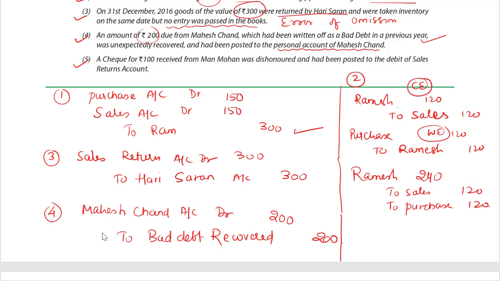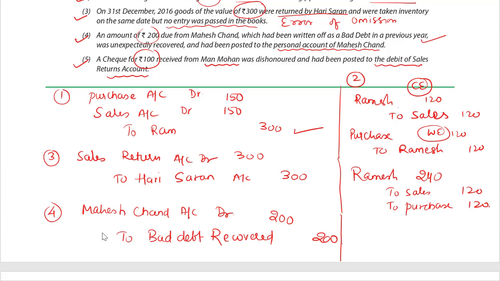A check of 100 received from Manmohan was dishonored and has been posted to the debit of sales return account. A check of 100 received from Manmohan was dishonored, okay, and has been posted to the debit of sales return account.